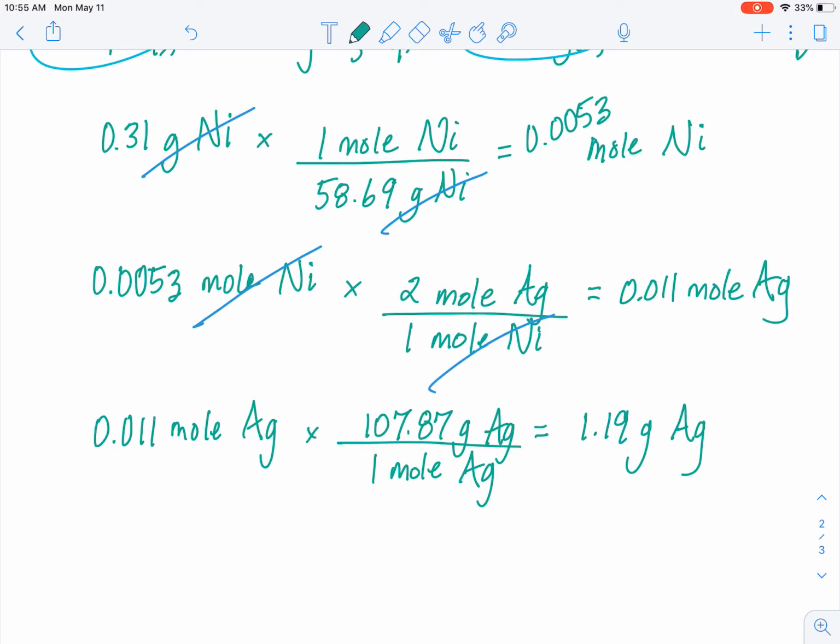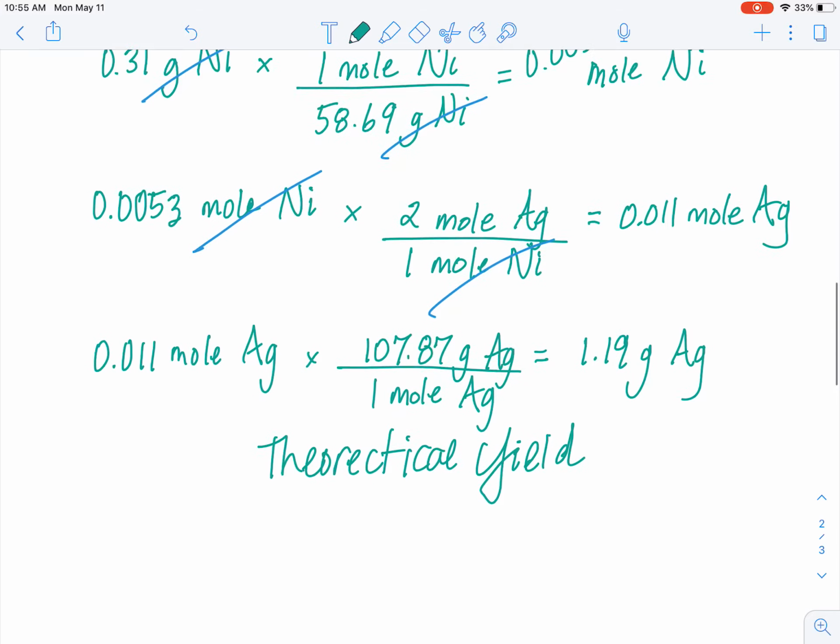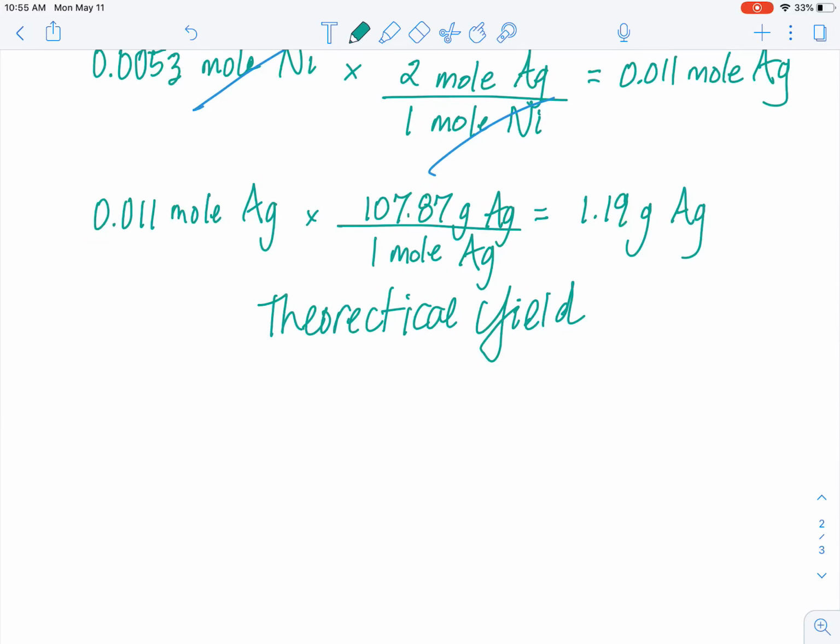That's my theoretical yield of silver. If all things went perfectly without any experimental error, I should expect to yield 1.19 grams of silver. Now, in the real world, there is experimental error.